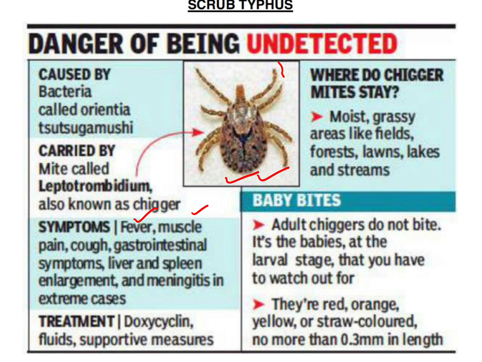The first sign is usually the vesicular lesion at the site of mite feeding, which later ulcerates and forms a central necrotic area with erythematous borders, and at the end of the first week the maculopapular eruptions appear.